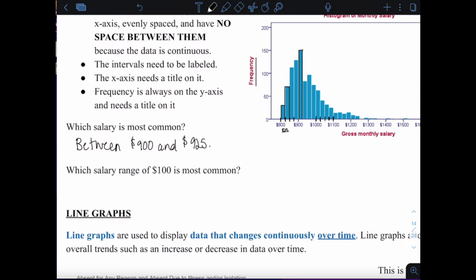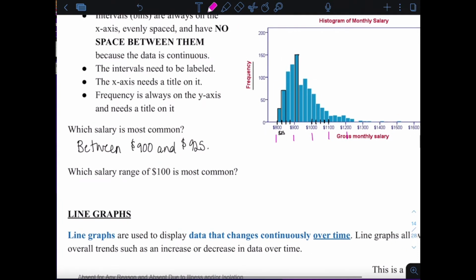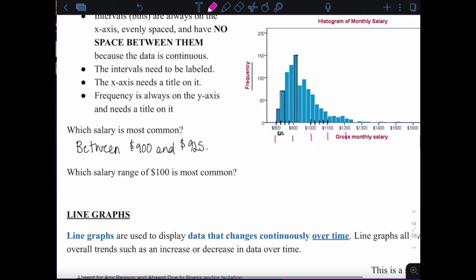Okay, so for example, is there a higher frequency between 800 and 900, between 900 and 1,000, between 1,000 and 1,100, etc.? So I think if I were to look between 800 and 900 versus 900 and 1,000, that would really be the only ones worth looking at, because the other ones are too small.